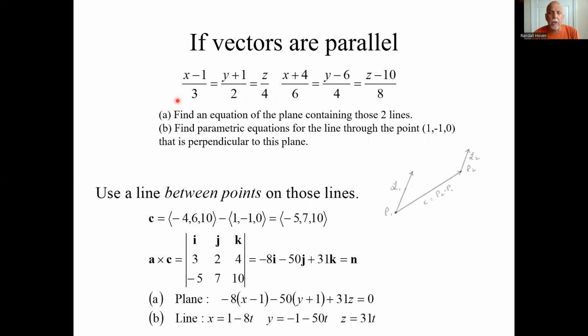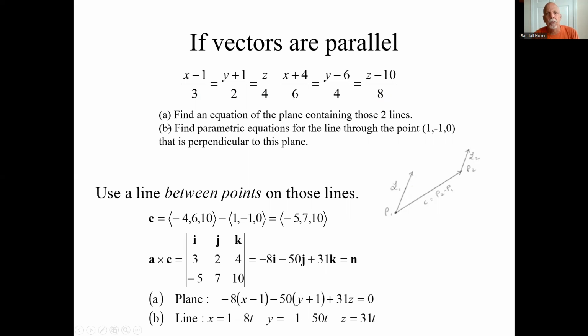Remember, you can pick up those direction vectors by looking at the denominators, 6, 4, 8 and 3, 2, 4. Well, 6, 4, 8 is just twice 3, 2, 4. So right there, I know they're parallel. If I went through and calculated the cross product, I would have got a 0, and I'd have been stumped if I just tried to blindly follow the process we just talked about.